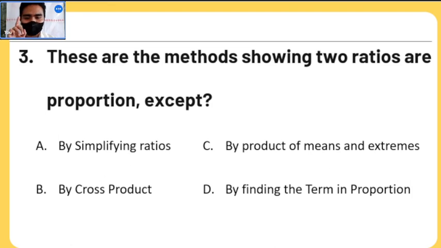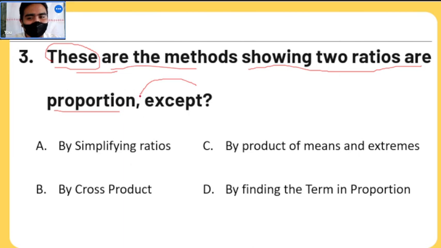Kindly read the question. These are the methods showing two ratios or proportion. Except what? What is the correct answer?